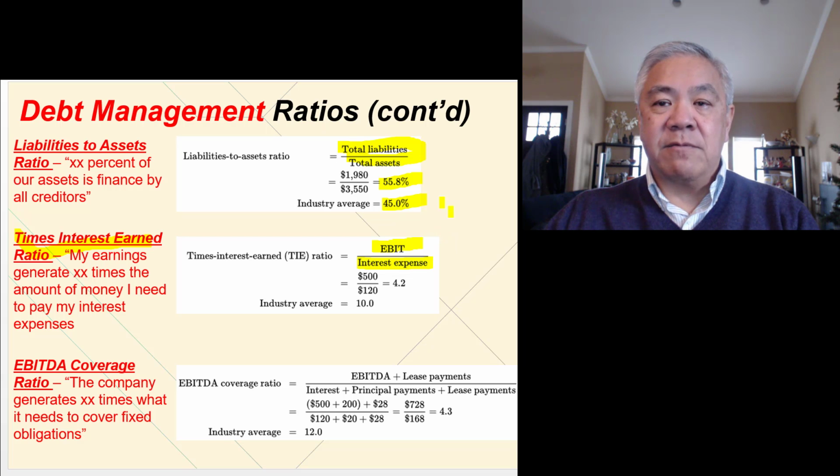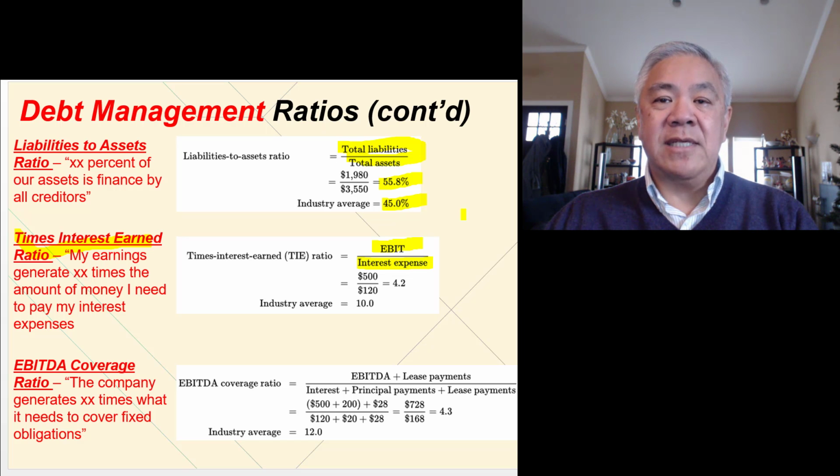Now the interpretation of this one's pretty simple, because let's say it's 1. 1 would mean that the amount of earnings that the company makes before it has to pay off its interest and taxes is exactly equal to the interest. In other words, they make no money after you pay your interest, right? Because if your earnings before paying interest is $1, and the amount of interest you have is $1, then you've got nothing left over for profits.